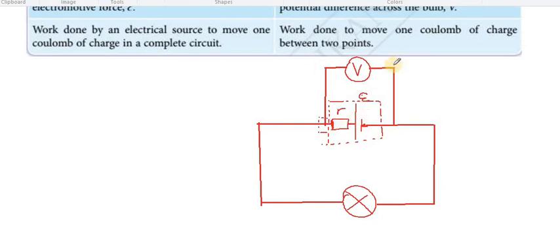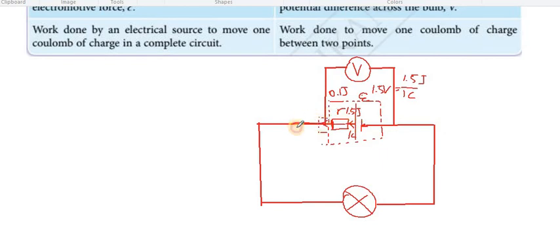So, if the label is 1.5 volt, that means every 1 coulomb of charge must have 1.5 joule. So the 1 coulomb of charge that comes out from here carries 1.5 joule. But it needs to overcome the internal resistance, then only can come out. Let's say the work done to overcome the internal resistance is 0.1 joule for every 1 coulomb.